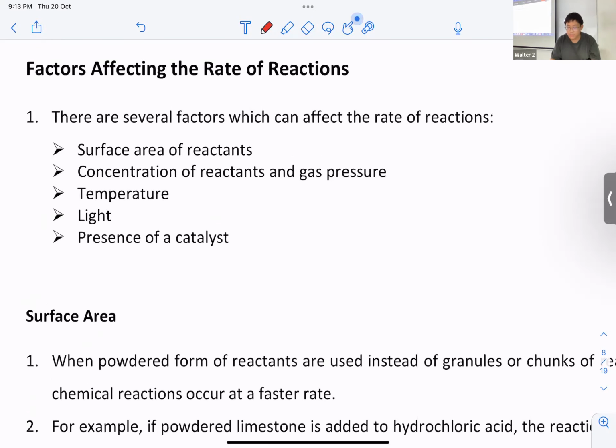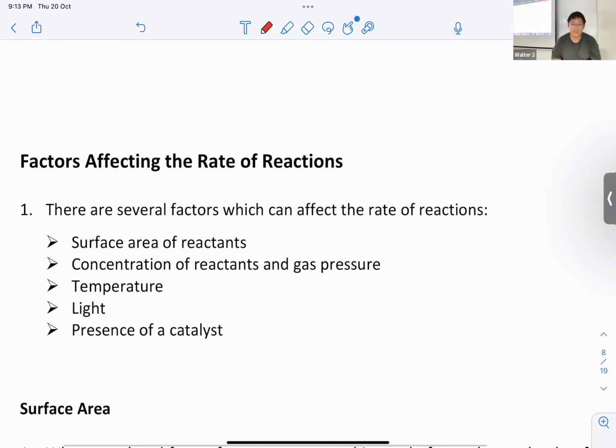Okay. Now, before I go on, I need you all to understand. Every single factor that I'm going to discuss is going to be based on collision theory. Okay, all of the things that I'm going to discuss is based on the collision theory.